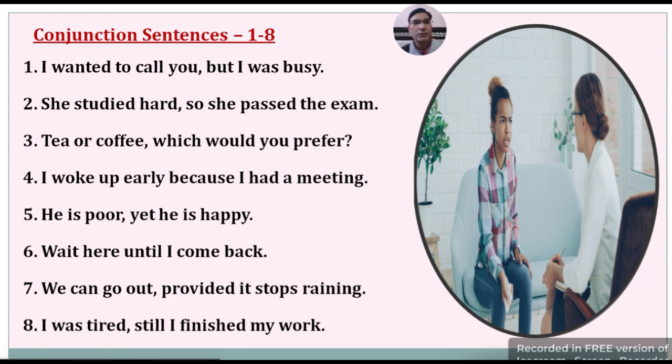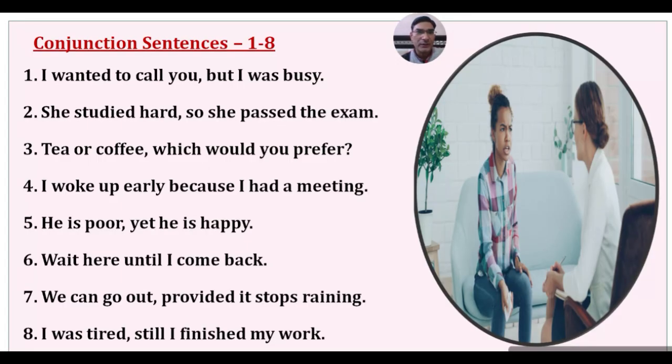Today I have brought 50 sentences which we use in our daily life, right? So let us come to the first sentence. I'll speak the sentence and I want you also to practice them by imitating, right? By imitation method.